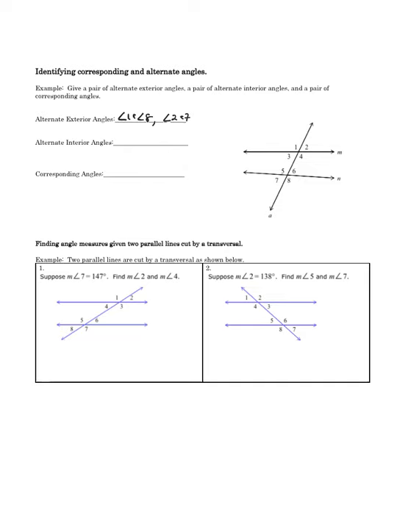There's nothing in here that says find congruent. It just asks for alternate exterior, interior, and a pair of corresponding angles. All right, alternate interior angles would be angles 4 and 5, angles 3 and 6.